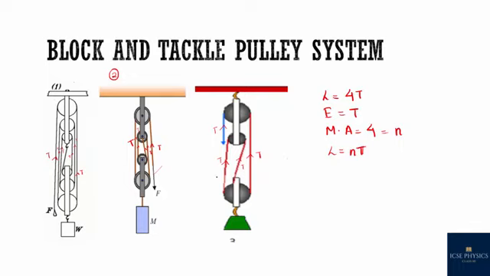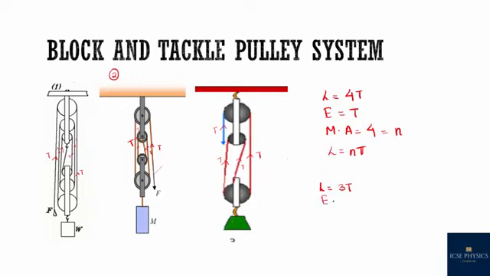Now let's see this diagram where we have 1 pulley in the lower block and 2 pulleys in the upper block. So what will be the load here? Load will be 3T, right? 3 forces are balanced by the load. So 3T. What will be the effort?